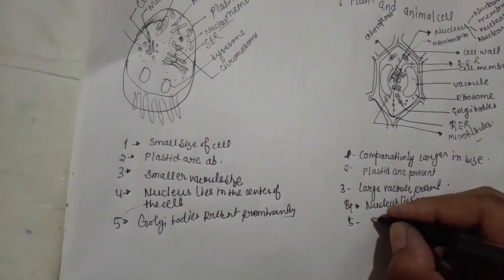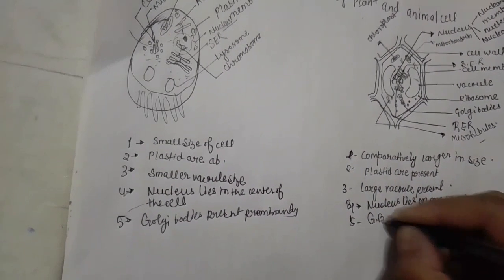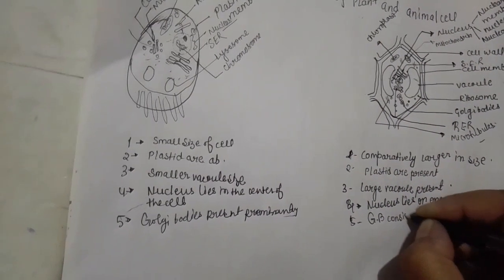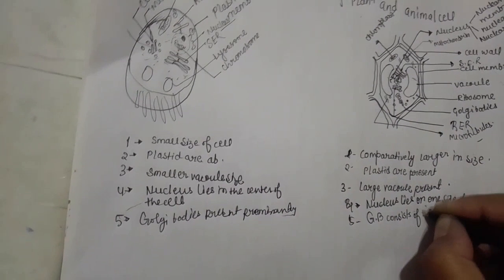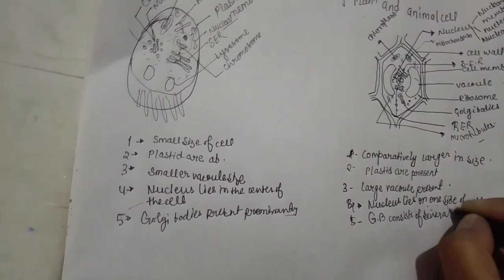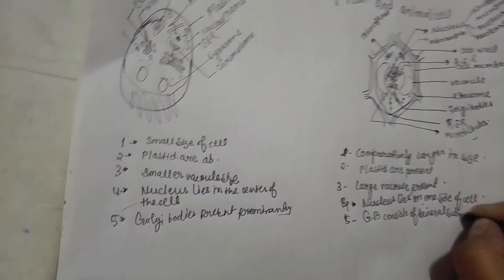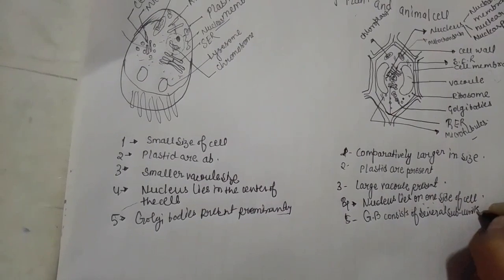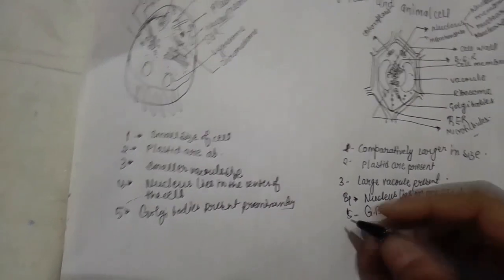So the Golgi body consists of several subunits called dictyosomes.